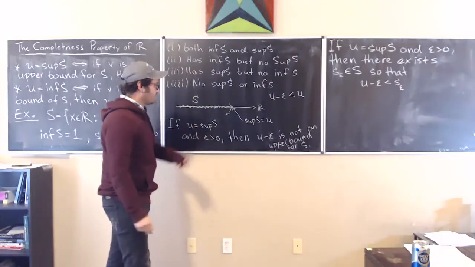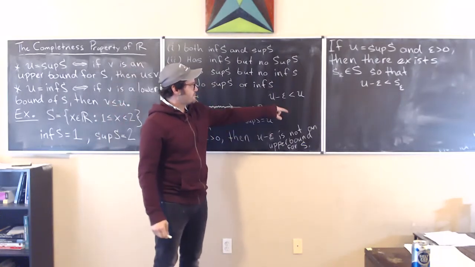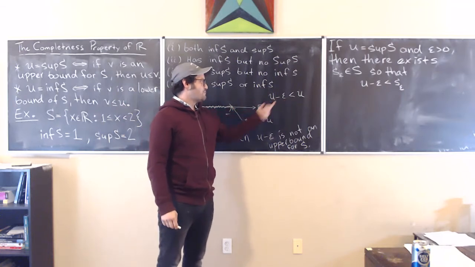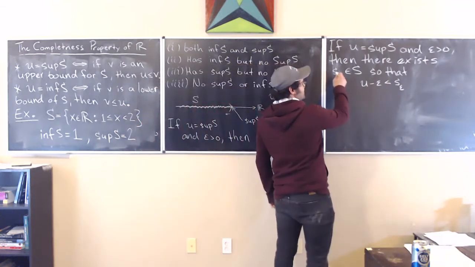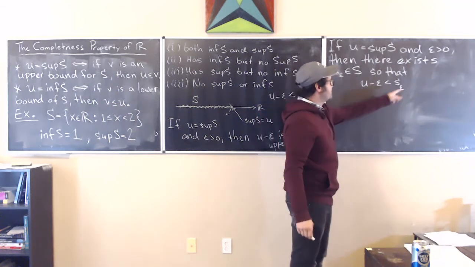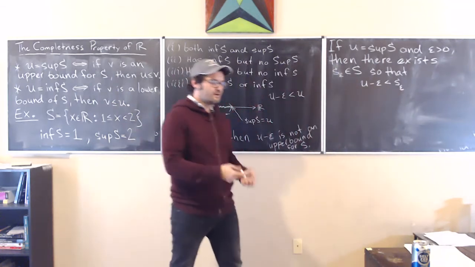That's what this implies. So this statement about subtracting off a positive number from the supremum not being an upper bound for S implies that there is some number in S that's greater than u minus epsilon. That's what that implies.